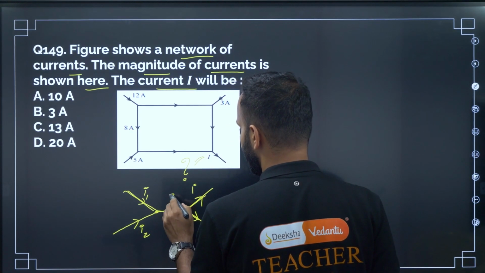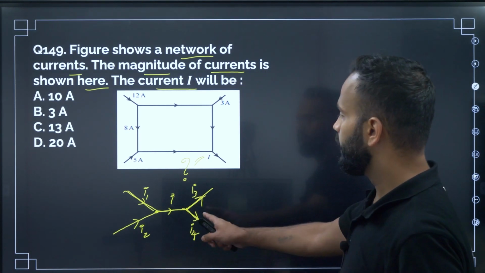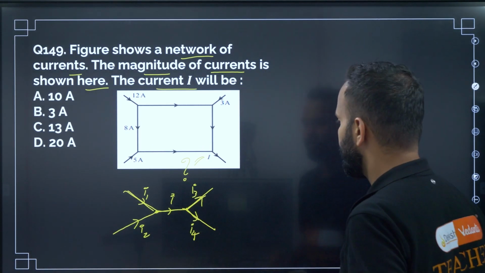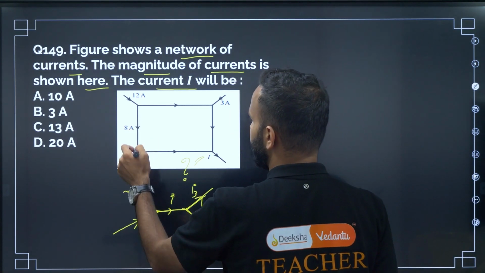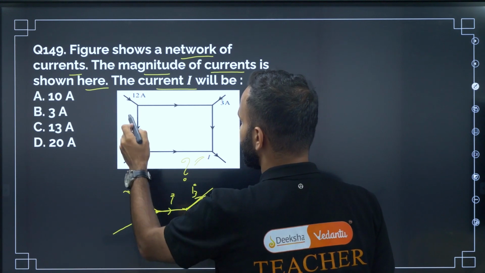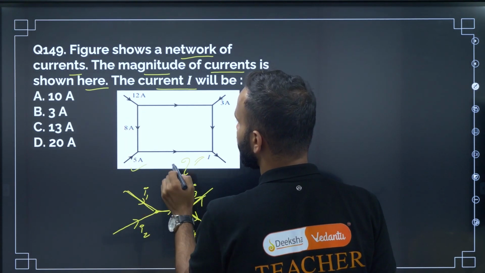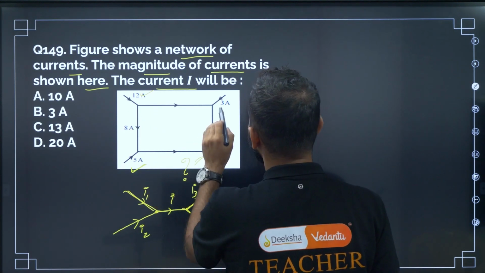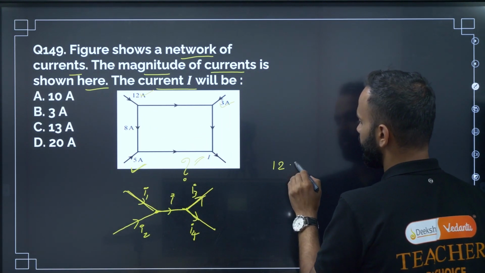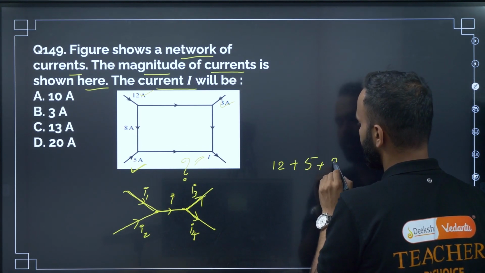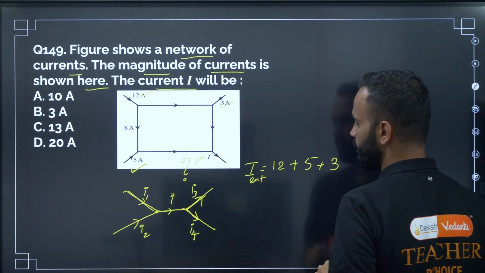Here this is I, I3 and I4. This is the Kirchhoff current law. The total current entering this circuit is 12 ampere, 5 ampere and 3 ampere. So 12 ampere plus 5 ampere plus 3 ampere is the current entering.